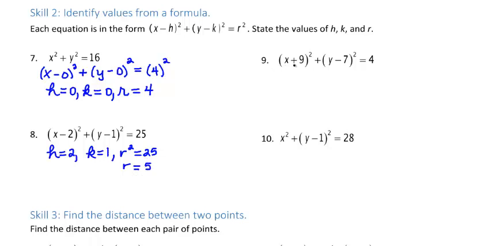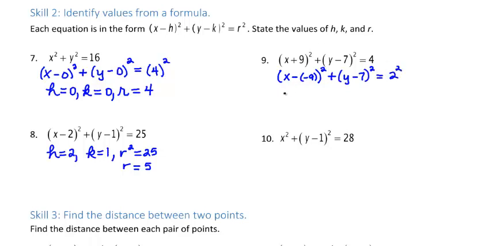Number 9 is x plus 9 squared plus y minus 7 squared equals 4. Well, x plus 9 is the same thing as x minus negative 9 quantity squared plus y minus 7 quantity squared, and 4 we can write as 2 squared.